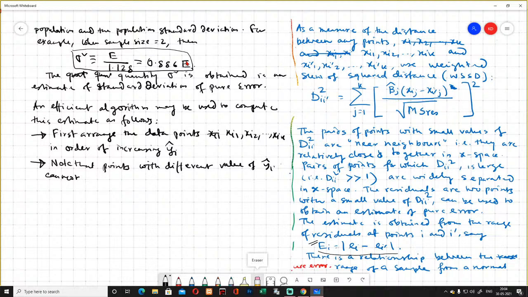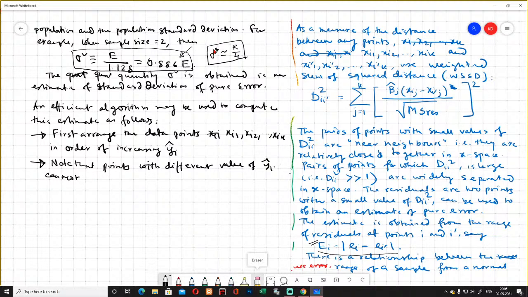This is the relationship between standard deviation and range. I think this should be approximately R by 4. This is one of the thumb rules. It is empirical.